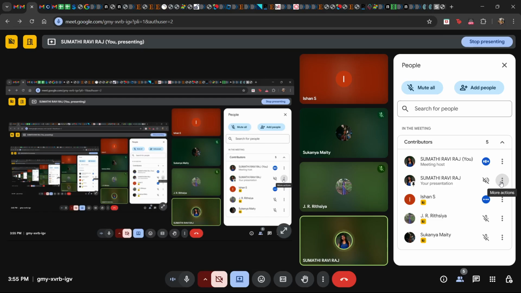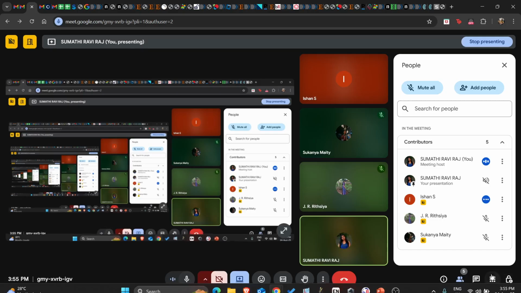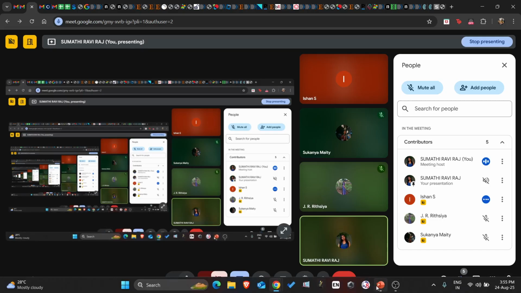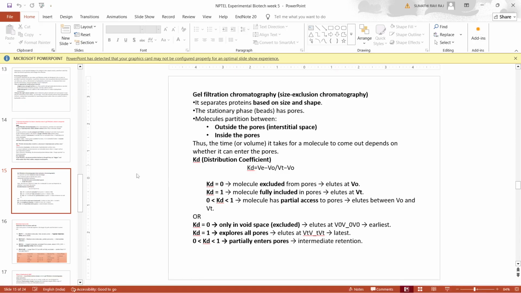Yeah, so basically your KD should be between 0 and 1 in principle in gel filtration. It should not be more than 1. But if your KD value is more than 1, that means it is getting adsorbed. That is why the KD is more. KD is, if you calculate, the difference between your elution volume and void volume divided by the difference between your total volume and void volume.